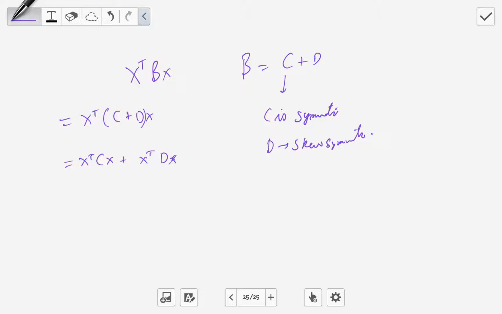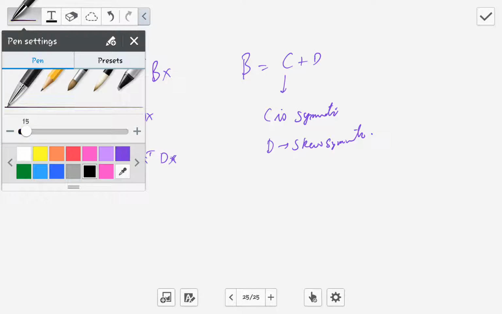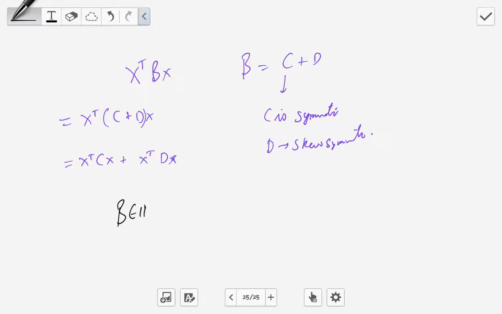Here B belongs to R n cross n and x belongs to Rn, so C and D also belong to R n cross n.